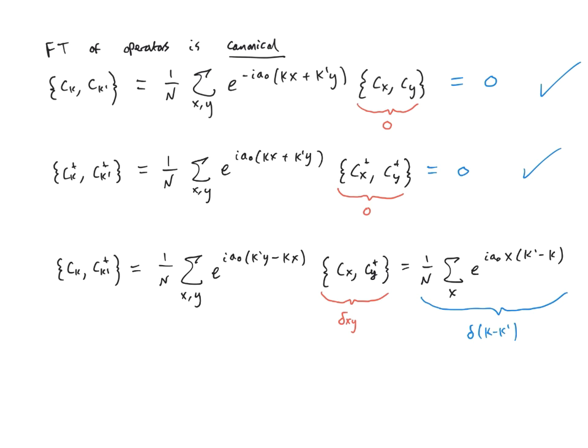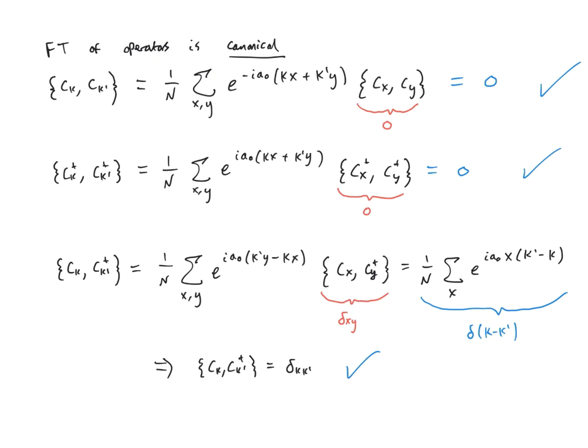And so, in the end, I find that ck and ck primed dagger is actually equal to delta kk primed, or I could write it in terms of this delta distribution if it's a continuous variable. And of course, this is exactly what we want.